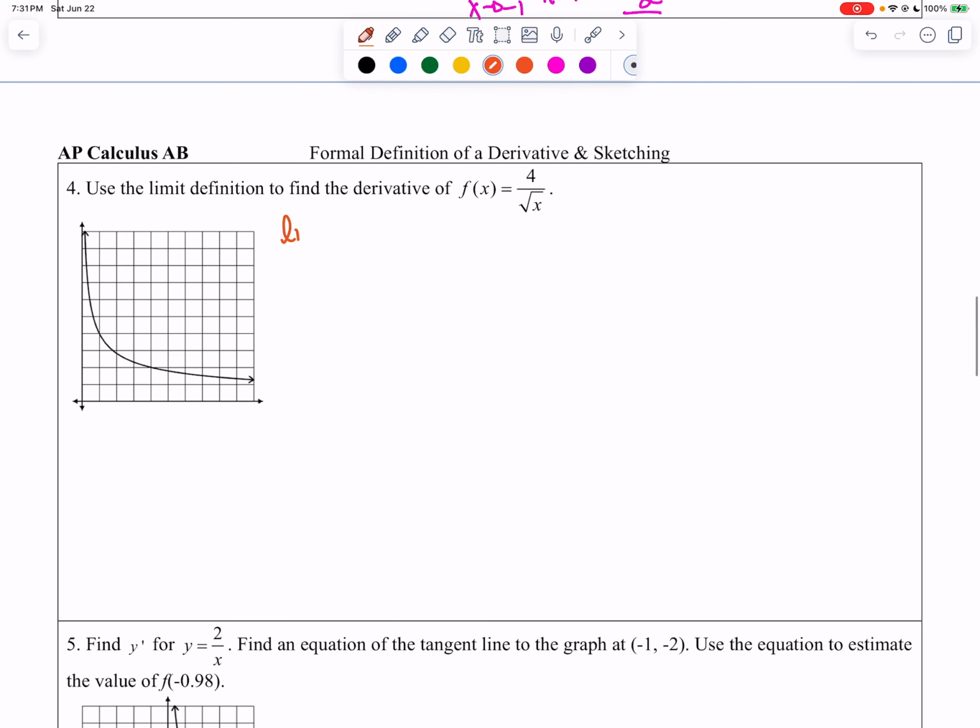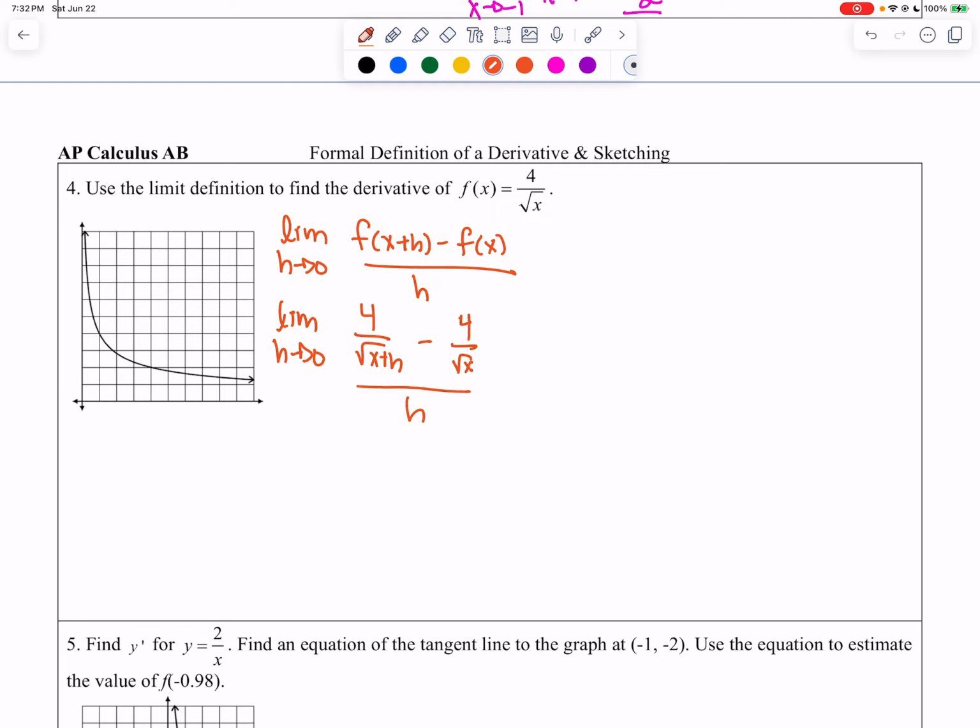So we have the limit as h approaches 0 of f of x plus h minus f of x all over h. So I have h approaching 0 of 4 over the square root of x plus h minus 4 over the square root of x all over h.